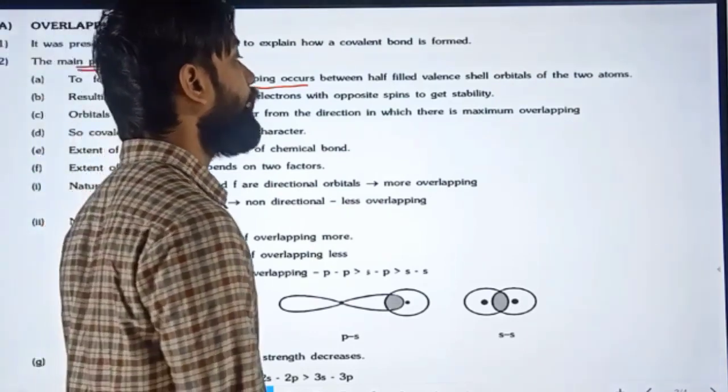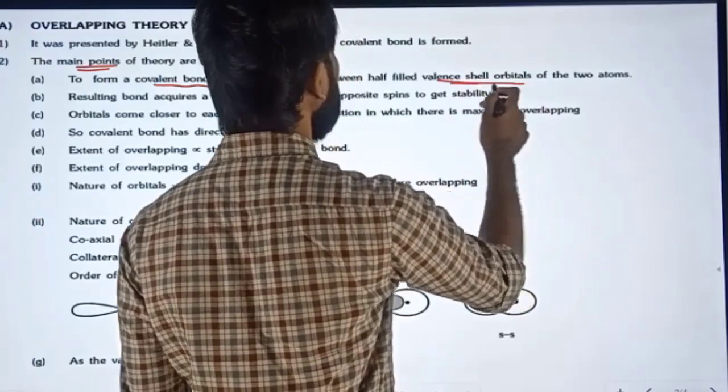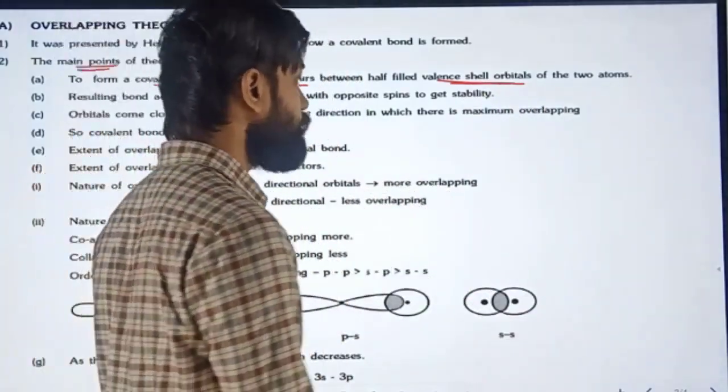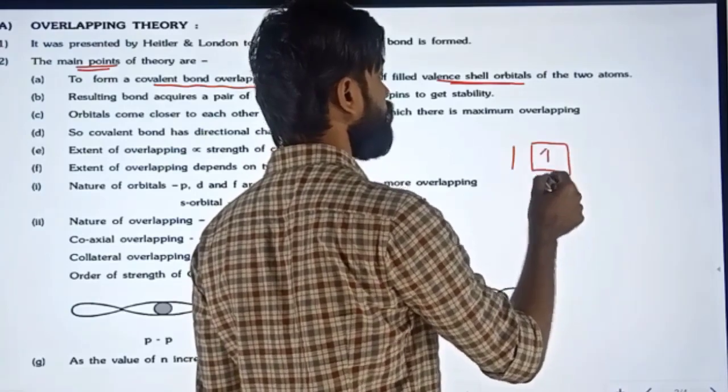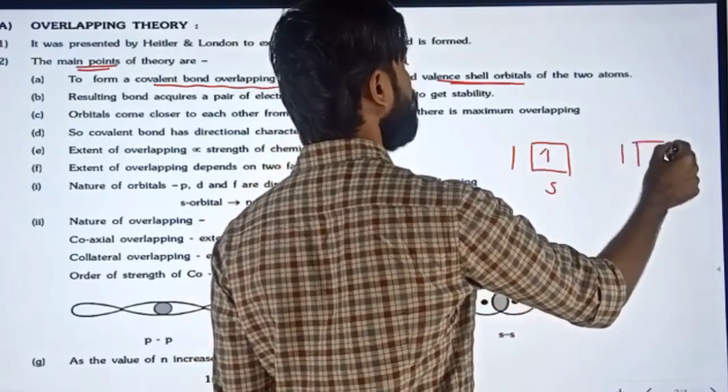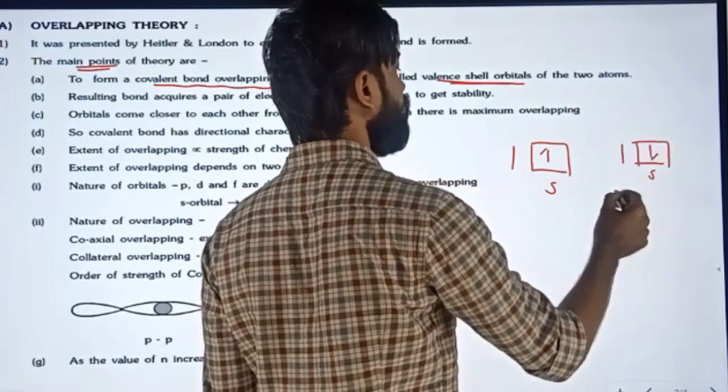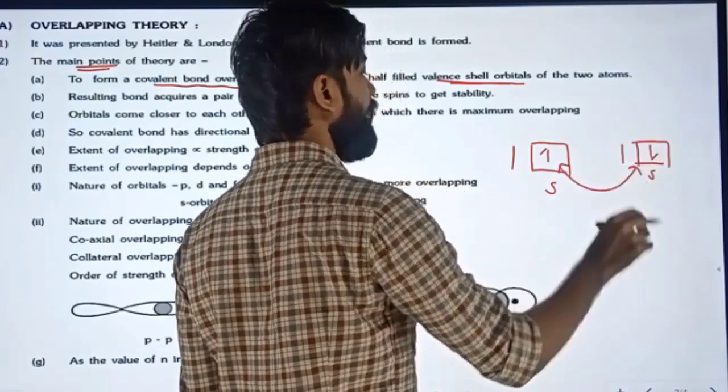The combining orbitals of two atoms should be half-filled. Which means if there is a half-filled orbital of a hydrogen atom like 1s1 and another half-filled orbital of a hydrogen atom like 1s1, they can form a covalent bond.